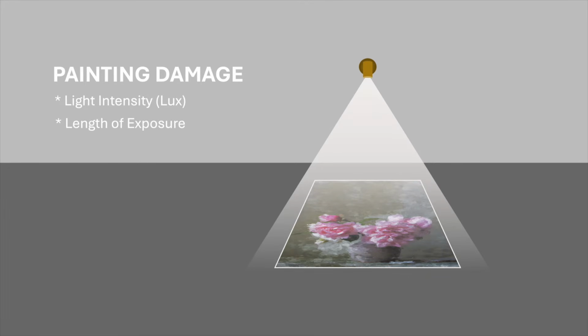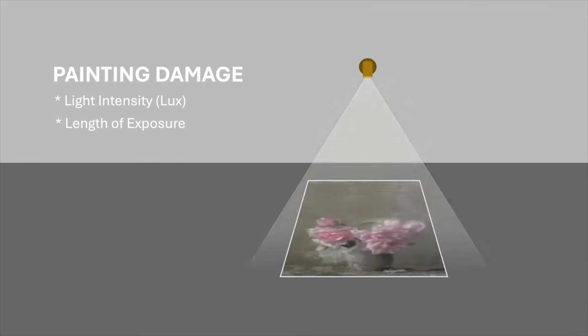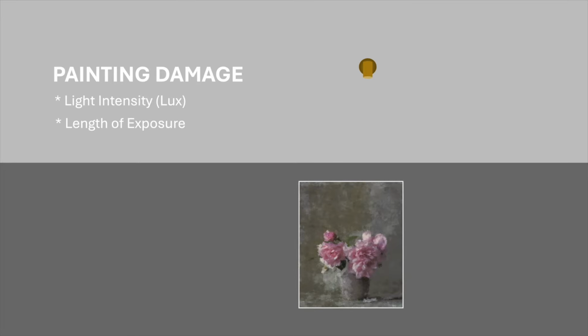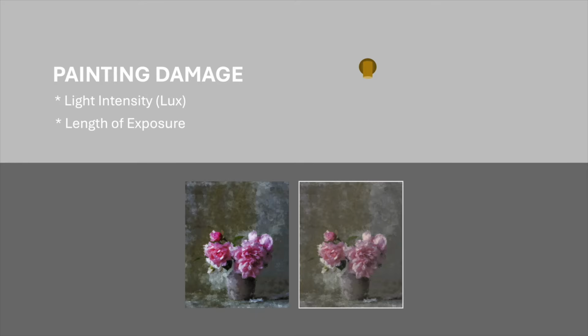A high degree of lux for a long period of time can age pigment colors, binders, and varnish. The higher the lux, the more light on the surface, and the longer that painting is exposed, the more quickly it'll age. Now, we're talking about, for the most part, a long period of time, but it is something to be aware of.